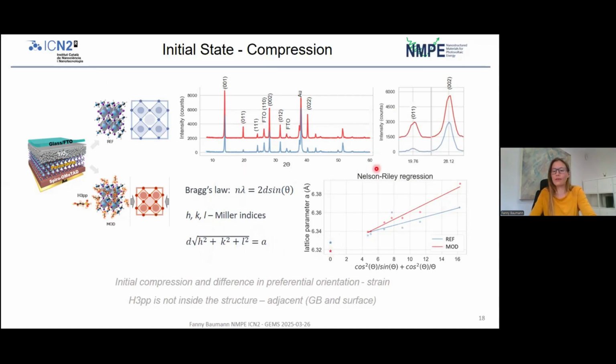So additionally, apart from this initial compression, we could also see that there was a slight preferential orientation shift in the halide perovskite that's using the modification.